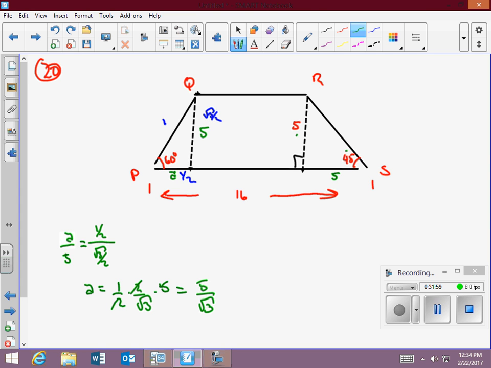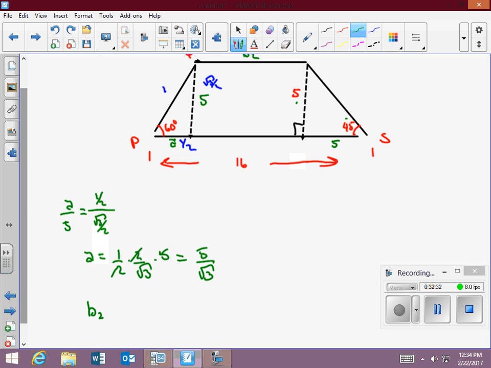And let me see, what do they want? They want to find the area. So we have to figure out this length right up here. This length right here, I'll call it base 2.